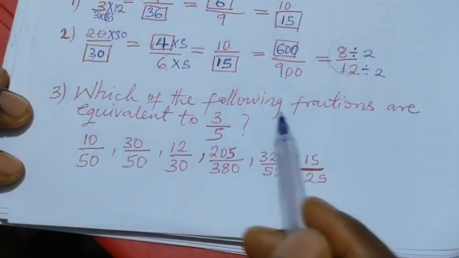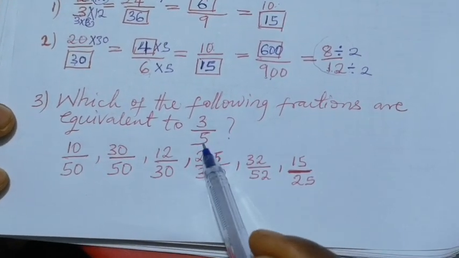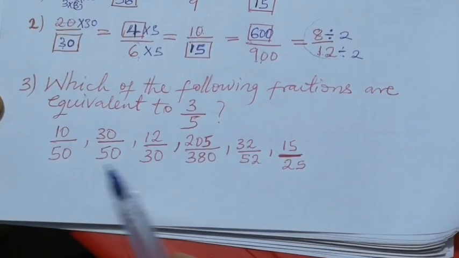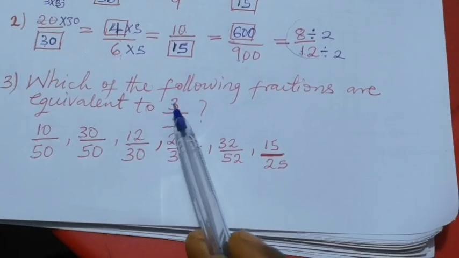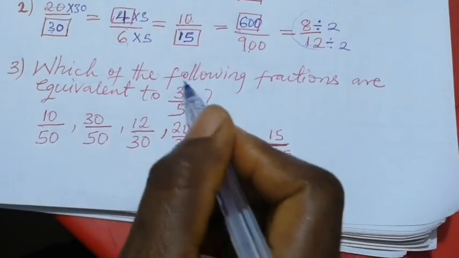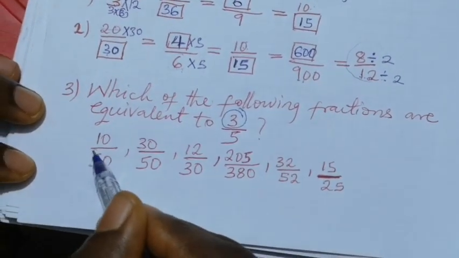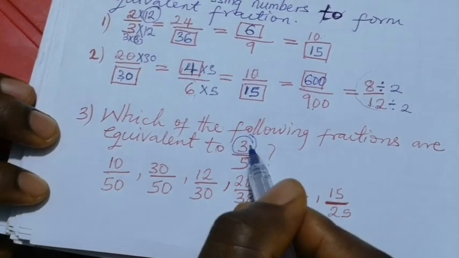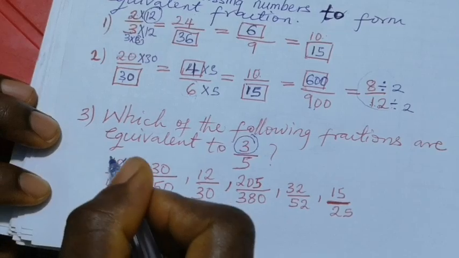Now we have another example here. Which of the following fractions are equivalent to 3 all over 5? For us to find the fractions that are equivalent to 3 all over 5, we will start from the numerator. I will ask myself, which of these numerators is a multiple of 3? Now, 10 is not a multiple of 3.